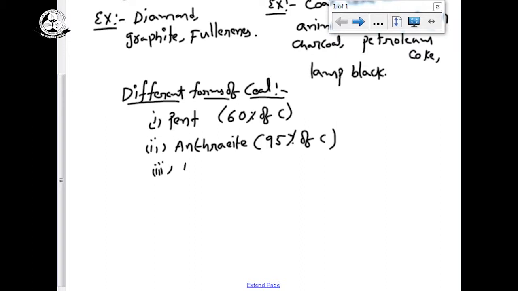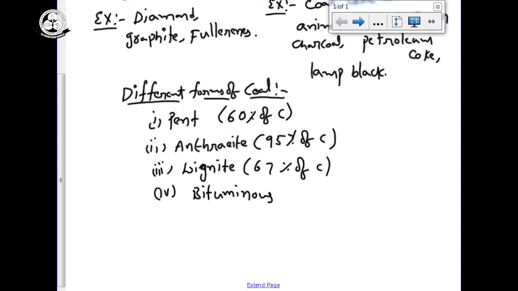The third one is lignite, containing 67% of carbon. The fourth one is bituminous coal, containing 88% of carbon.